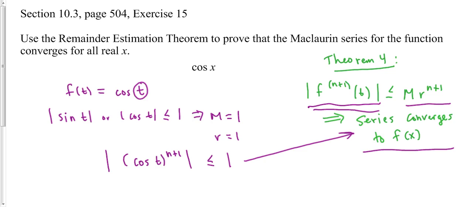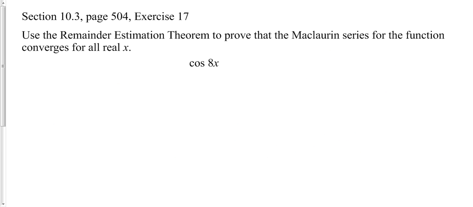Now let's look for a minute at exercise 17, which is just a little bit different. Here, our f of t is going to be equal to cosine 8t. Now I can still say that the upper bound for capital M is still going to be equal to 1 because I'm still dealing with a cosine function.